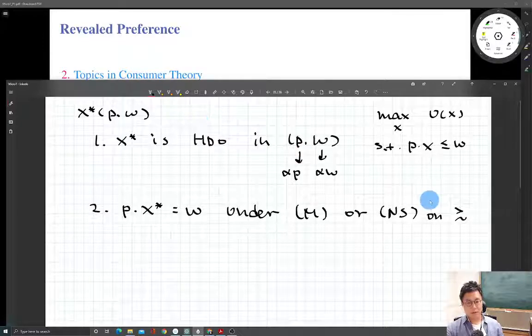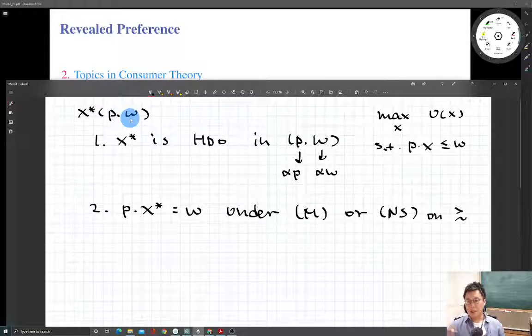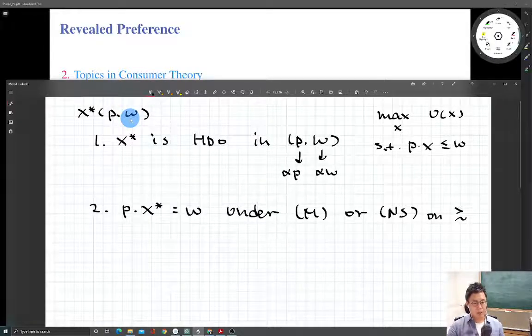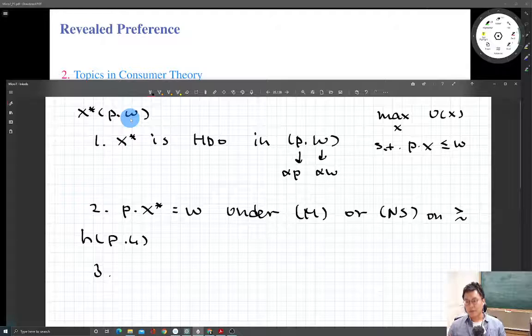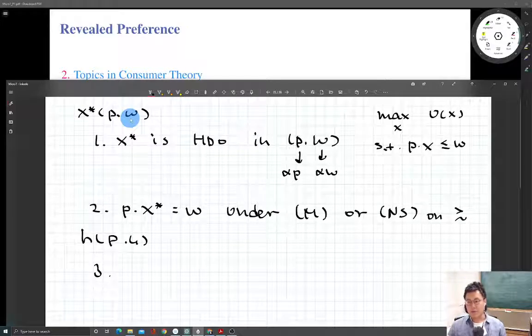And if we strengthen that assumption to strict convexity, then we know this Walrasian demand is uniquely determined. Okay? So that also depends on the assumptions on preference relations. And when it comes to Hicksian demand, we established one property, that is, the Slutsky matrix is symmetric and negative semi-definite.